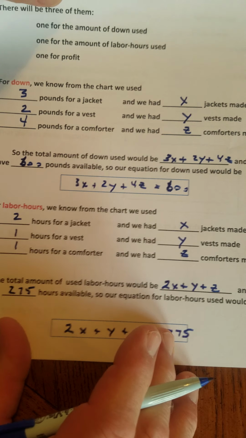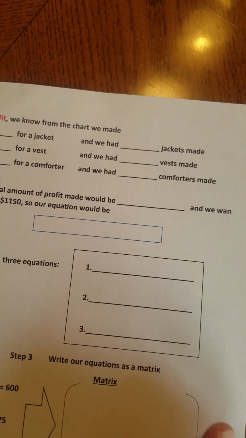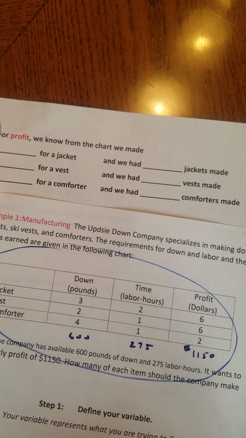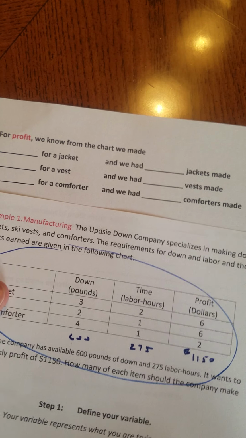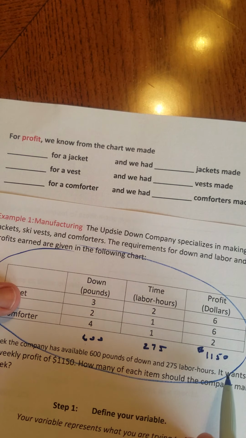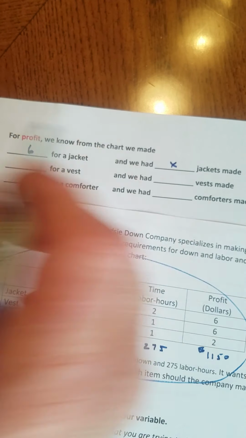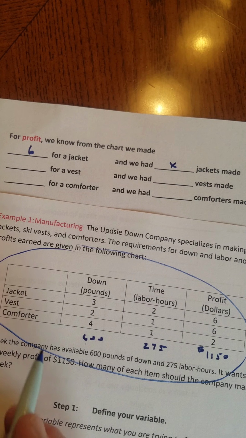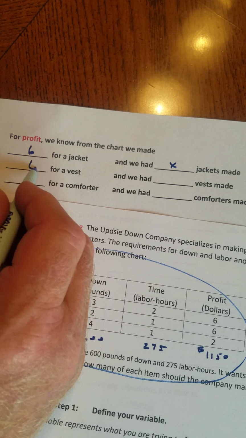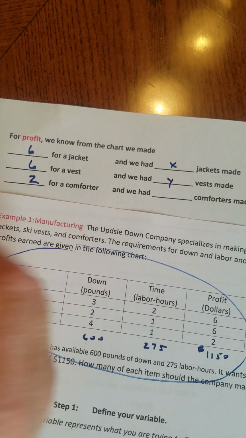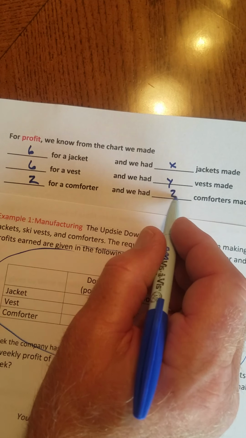Okay, we've got one more equation. Now we're talking about profits. My profit column's over here. For each jacket, I make $6, and I'm going to make x of them. For each vest, I'll make $6, and I'm going to have y of those. And for a comforter, the profit is 2, and I got z of those.